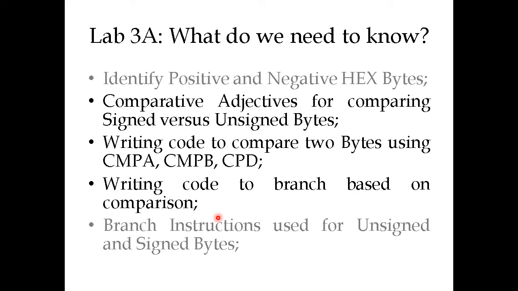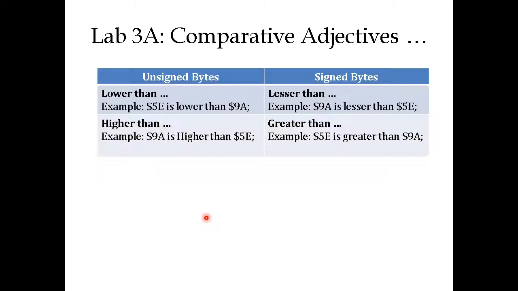Okay. Now let's first talk about the comparative adjectives for comparing signed and unsigned bytes, and this is really important, and make sure we understand it now, which will be extremely useful now and in future. Now, this is all about the plain English wording. If you are using the numbers as unsigned, remember, you have the freedom to use the number as signed and unsigned.